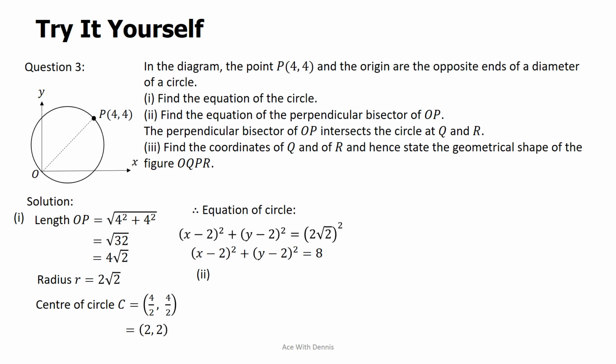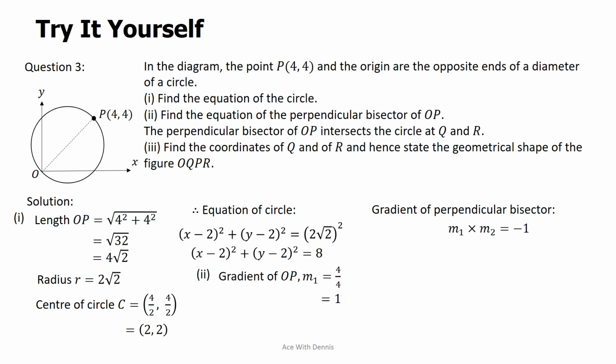Number 2, find the equation of the perpendicular bisector of OP. So first we need to find the gradient of OP, which is m1 equals 4 over 4, and the answer is 1. Then we want to find the gradient of the perpendicular bisector, which is m1 times m2 equals -1, and we know m2 will be -1. So this perpendicular bisector will pass through the midpoint of OP, and the gradient is -1.